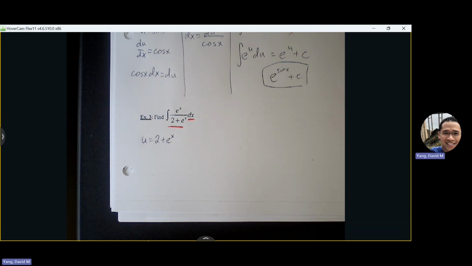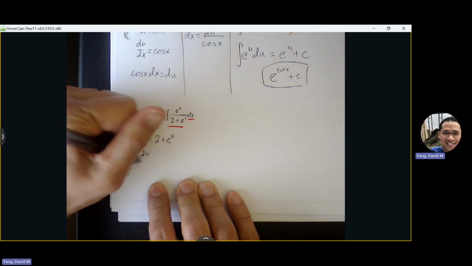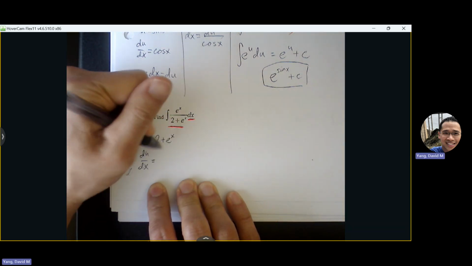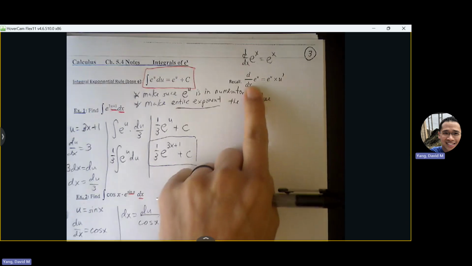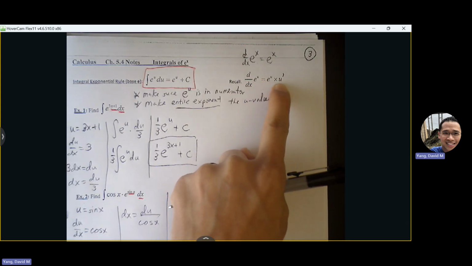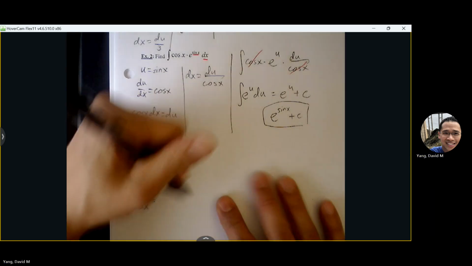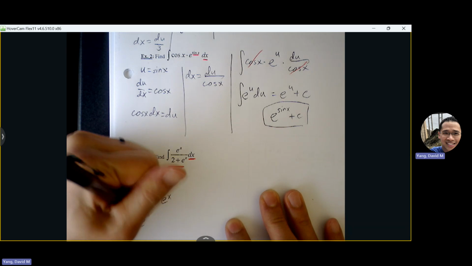All right, derivative, du dx: 2 goes away to 0, e to the x. Remember, e to the x is simply e to the x times 1, so it's just e to the x. Cross multiply.